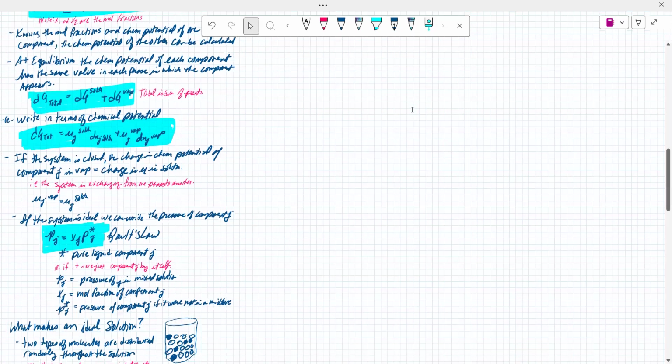And we are able to rewrite in terms of the chemical potentials. So this is the Gibbs free energy. It's actually probably worth noting, this is the Gibbs free energy in terms of the chemical potential.